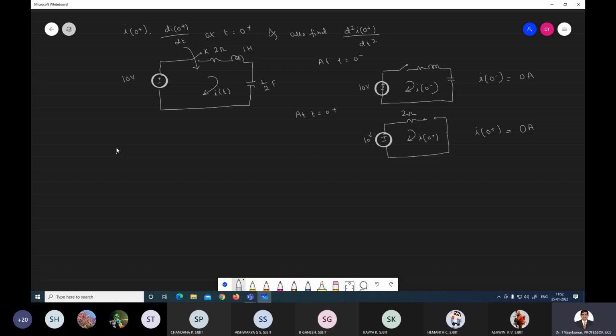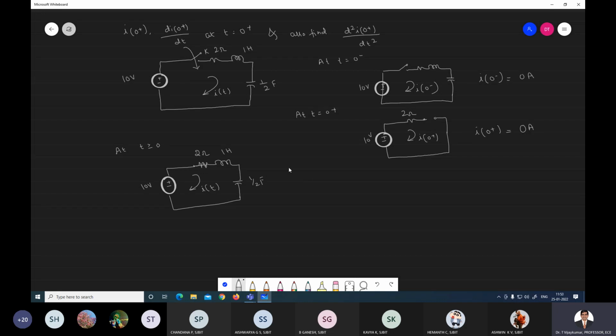Now for t greater than or equal to 0, what is the circuit you write? This is your 10 volt source, the switch has closed, the resistor, capacitor and inductor are there. The resistor is 2 ohm, this is 1 Henry, this is half farad, and this is the current i(t).